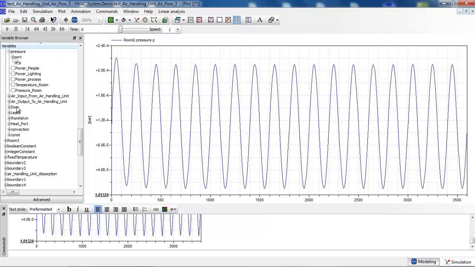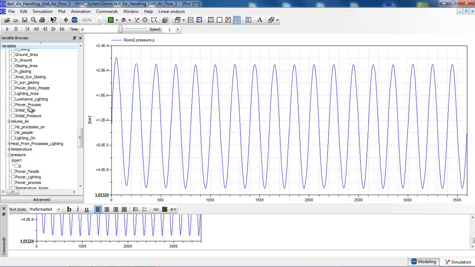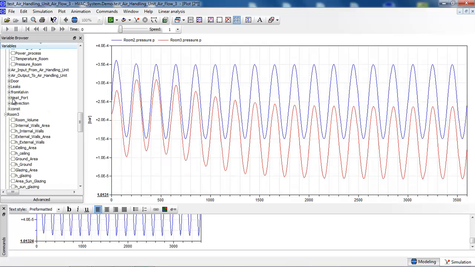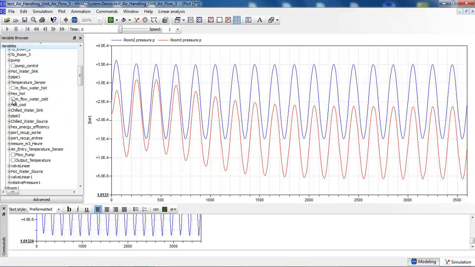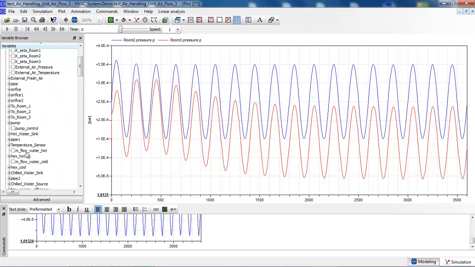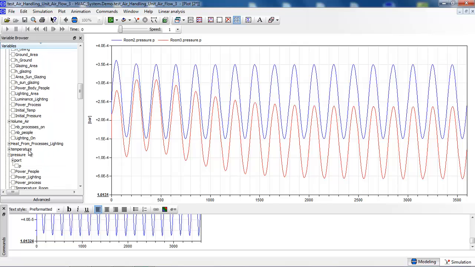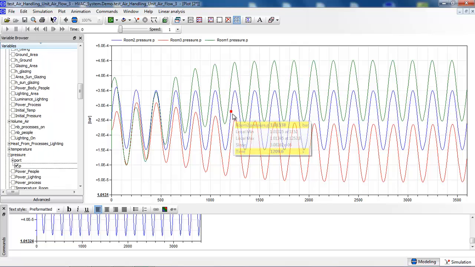Then the pressure in my room 1 and my room 3 follow the same sinus here. For room number 3 and for my room number 1, the pressure is given here. We can understand that the difference is again constant.